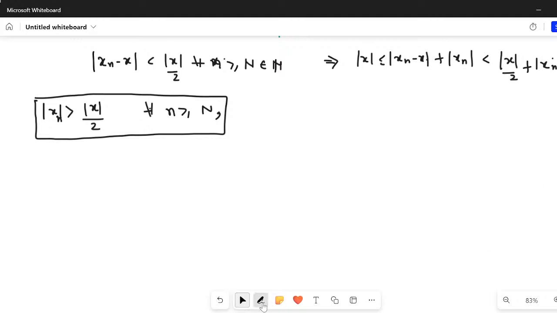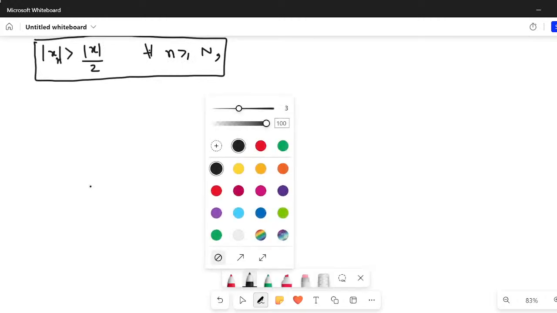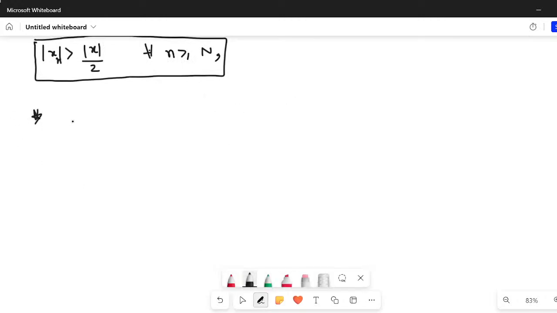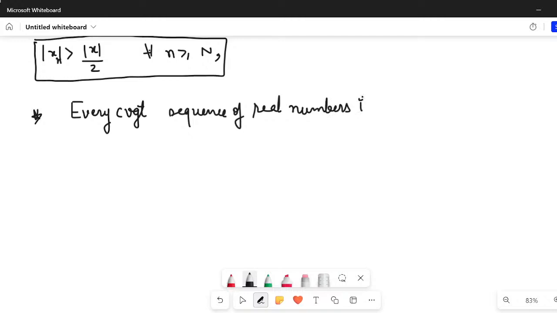Okay, another statement, I hope everybody has learned all these things, so I'm not going to derive it, is precisely very important, and it says that every convergent sequence of real numbers is bounded.